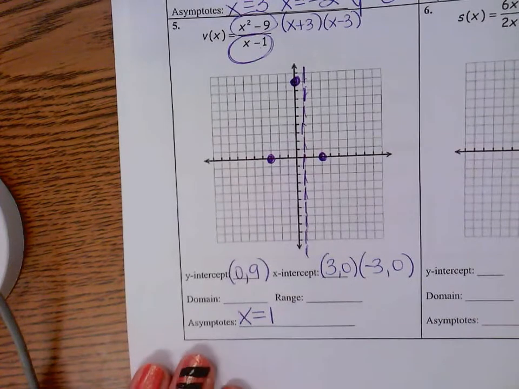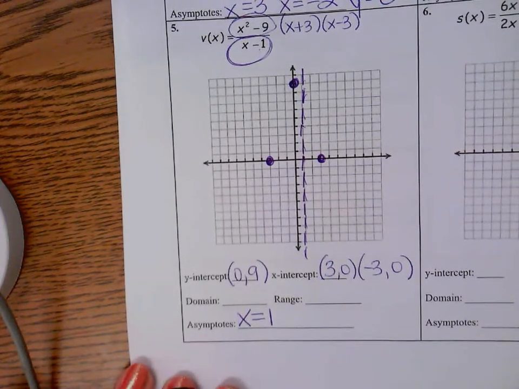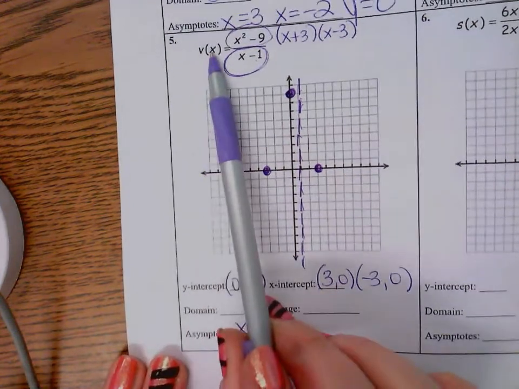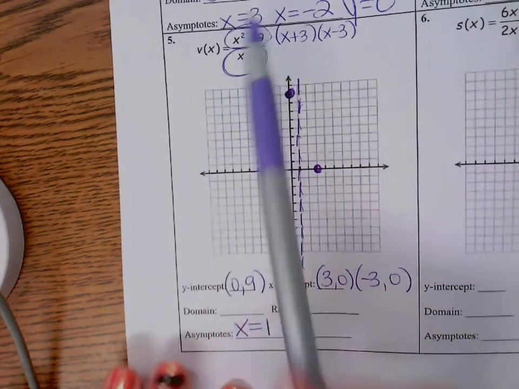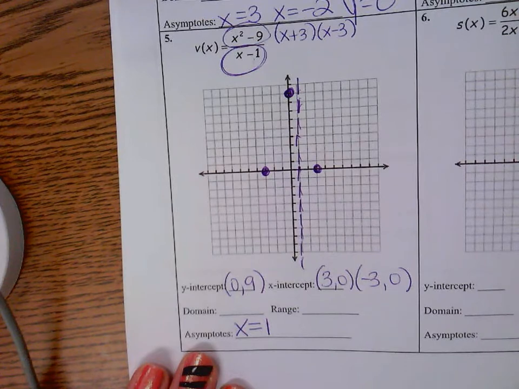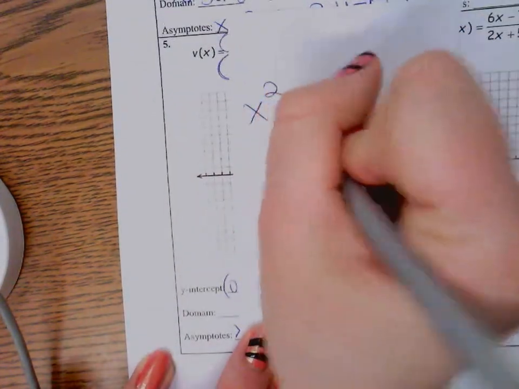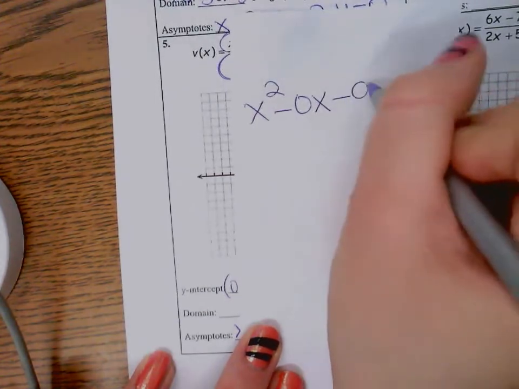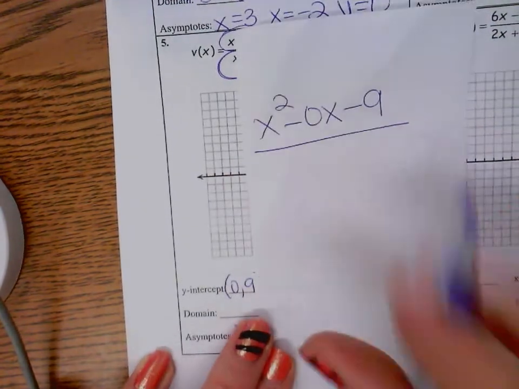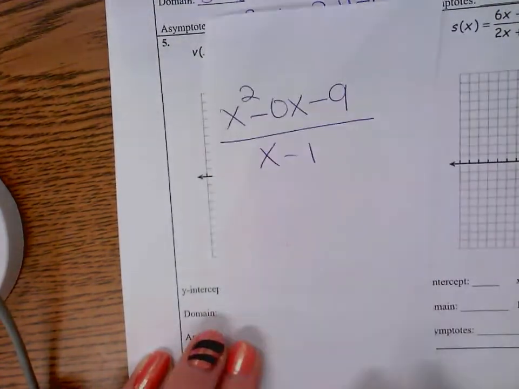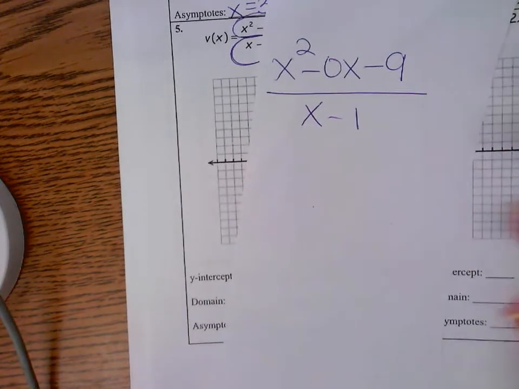And your last step is going to be, you might need to find a little scrap of paper or something, but you're going to have to do division. X squared minus 9, you may want to write it as x squared minus 0x minus 9, just so that you don't end up missing that there are 0 x's.